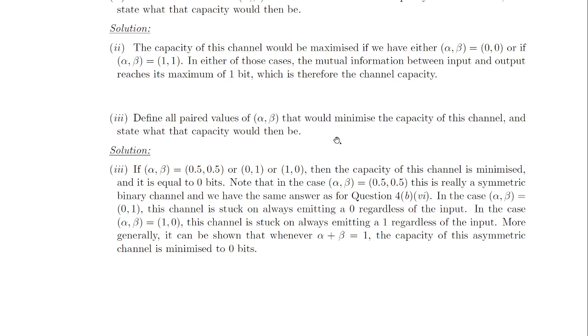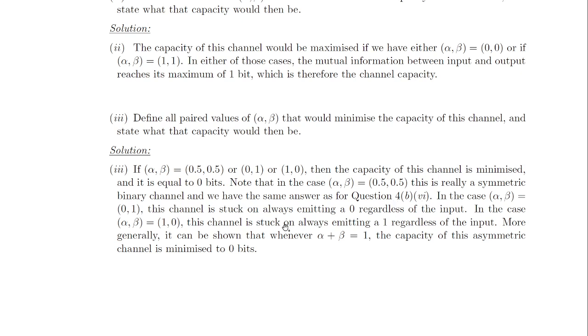And conversely here, you always get a 1 coming out, because 0 is always flipped to 1 and 1 is never flipped. And so you're just getting a steady stream of the same value. So you're not learning anything from the channel. It's a dead channel, basically. So in those three cases, for alpha and beta, the channel capacity is 0 bits. And as I said, one of those is something we just encountered in the case of the symmetric binary channel.